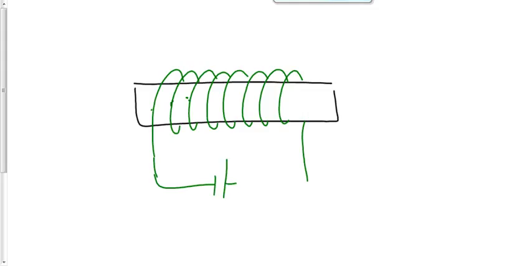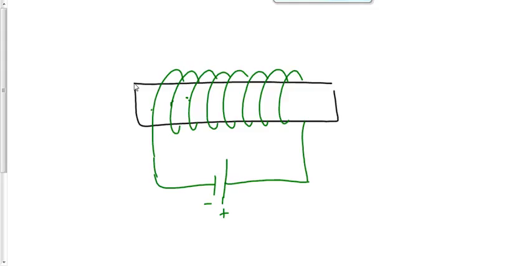I've got a battery attached here. The battery has a negative terminal and a positive terminal. Same rule applies to the battery as when we drew the battery for the parallel plates. Positive terminal and negative terminal. The short end is negative, the long end is positive. That battery generates an electric current, and we know which direction the electric current flows.